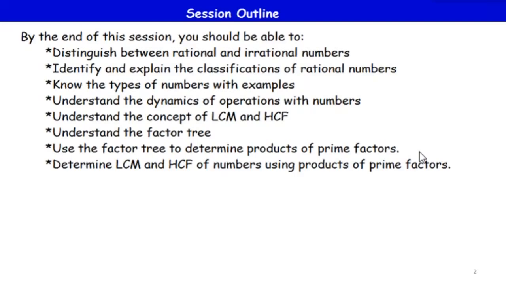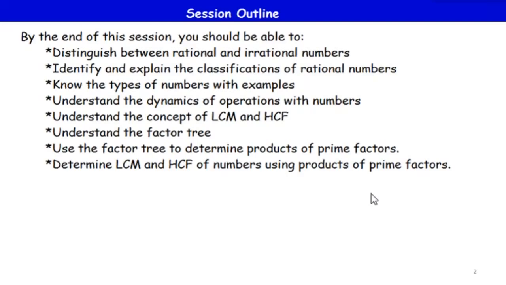You should be able to distinguish between rational and irrational numbers, identify and explain the classifications of rational numbers, know the types of rational numbers with examples, understand the dynamics of operations with numbers, understand the concept of LCM and HCF, understand the factor tree, use the factor tree to determine products of prime factors, and determine LCM and HCF of numbers using the product of prime factors.